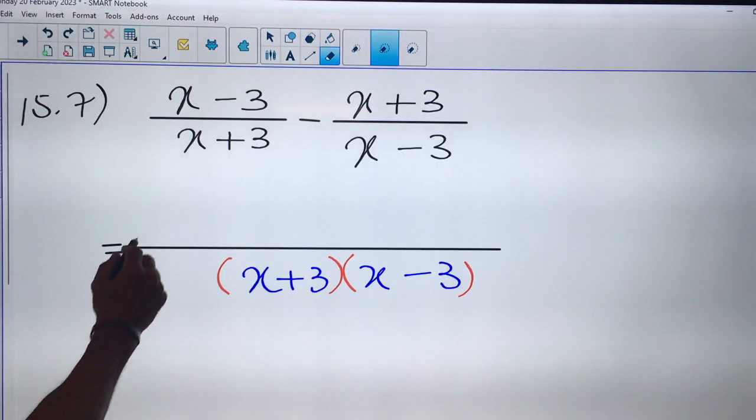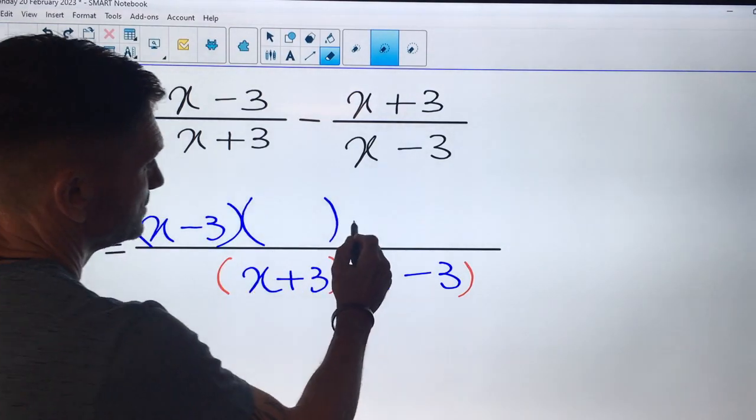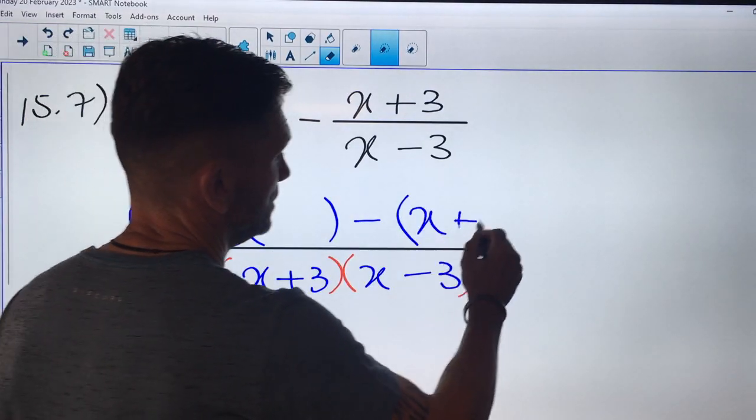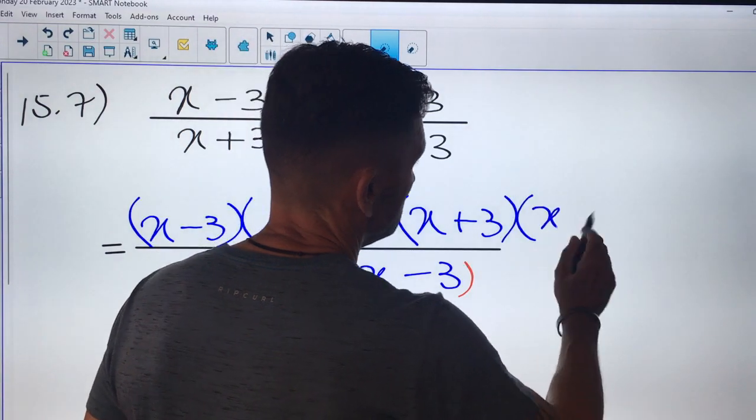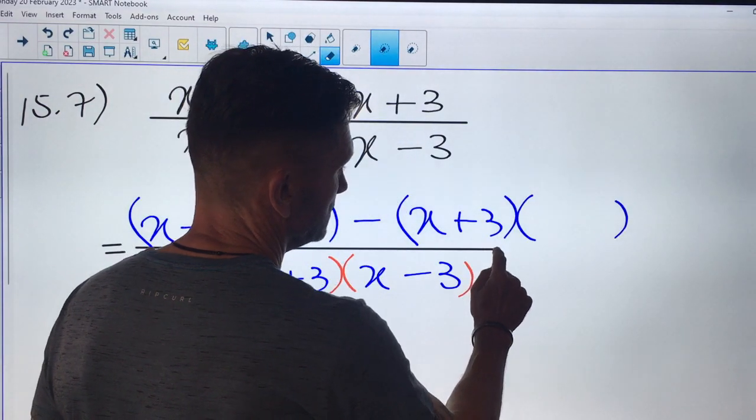So we have the x minus 3 on top here. We need to multiply it by something else. We have the x plus 3 on top there. We have to multiply it by something else. That something else is my question to you.